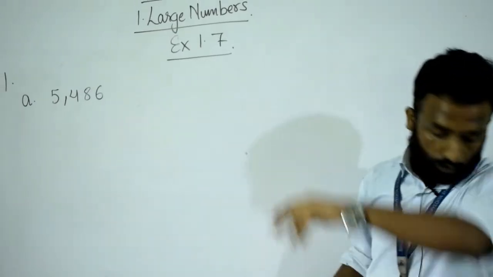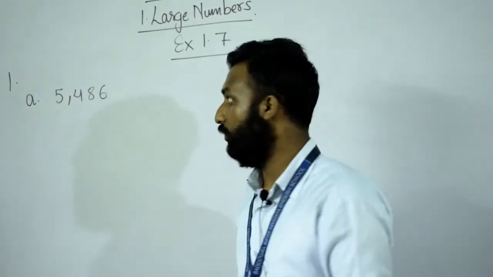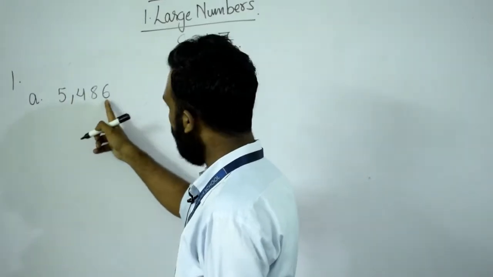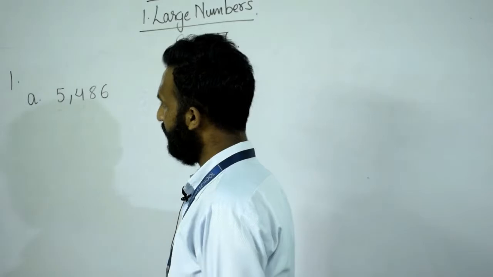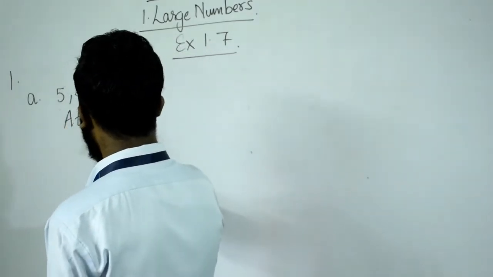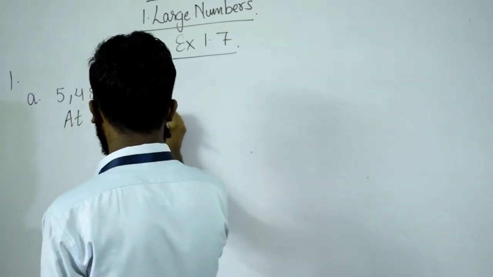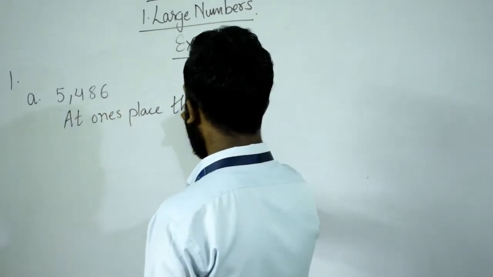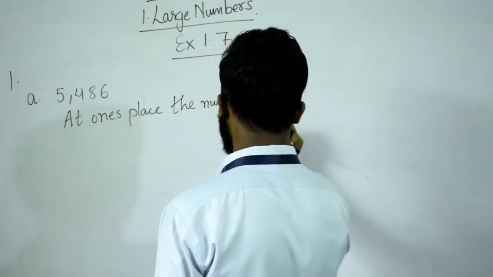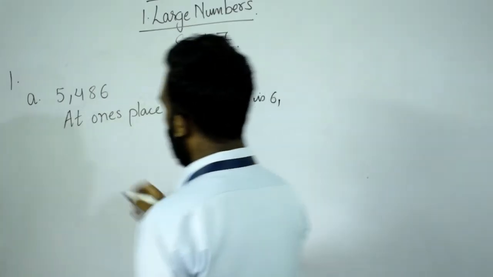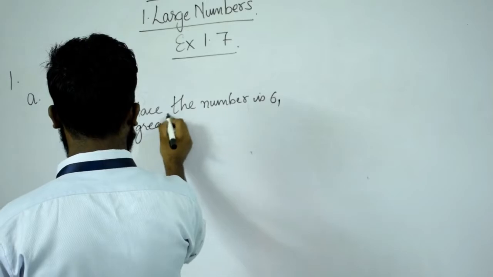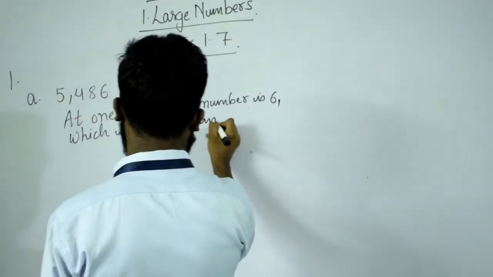5486. So to the nearest 10, as I just explained, we check the number at the ones place. At the ones place, here it is 6, which is greater than 5.